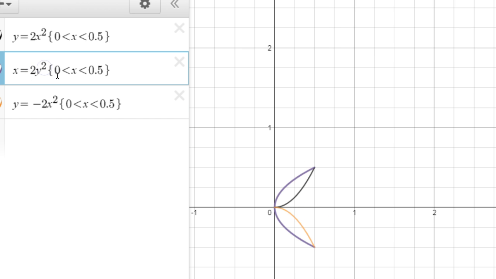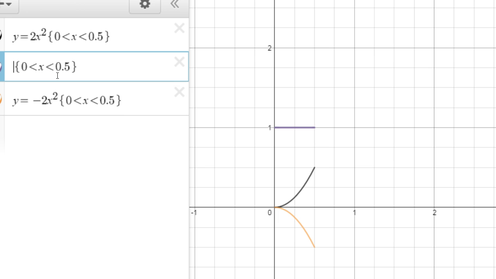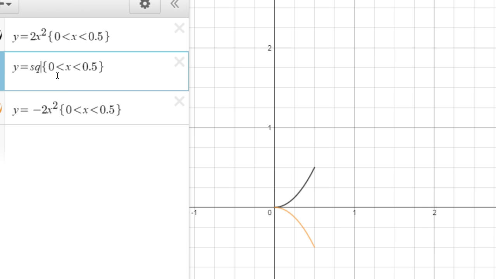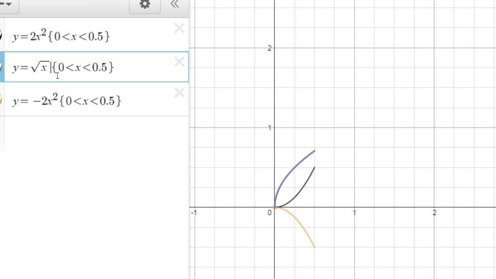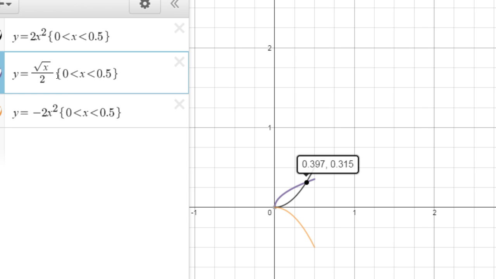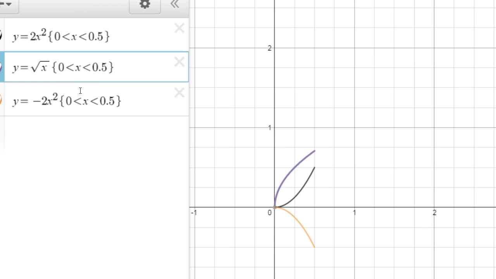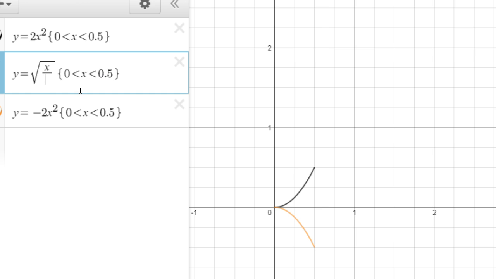Technically I should rewrite this whole top part as y equals the square root of x divided by 2. Nope, it has to be inside, so let's divide that by 2. There we go. Now we have it all set up.